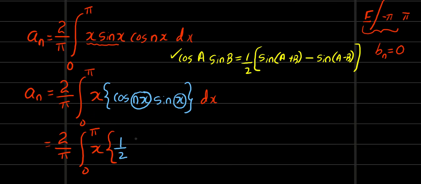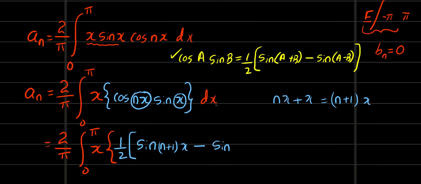So half into, in brackets I'm going to write sin nx plus x. Now tell me, what is nx plus x? This x will come common, so that is n plus 1 into x. So I'm going to write sin n plus 1 into x minus sin nx minus x, or n minus 1 into x, and of course our dx.